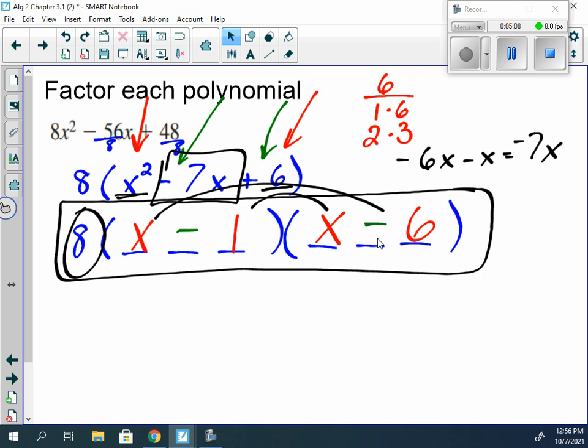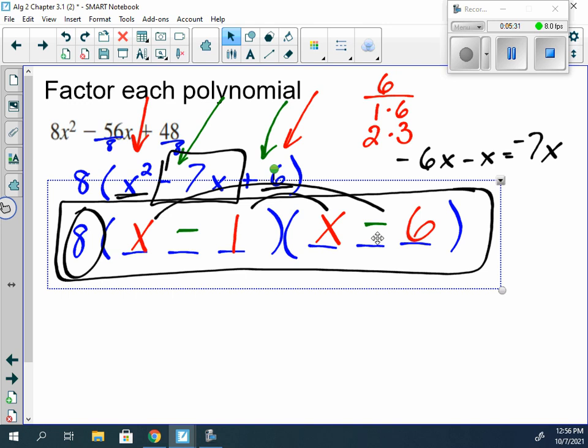If you have enough of them, I might take points out. But especially on the test, that'll be worth a point. Each one of these is going to be worth a point, and the signs are 1 point, and the numbers. So it could be 1, 2, 3, 4, or 5 points for this one problem.